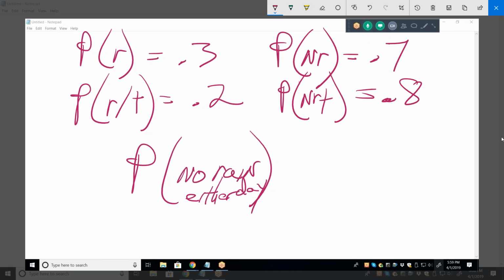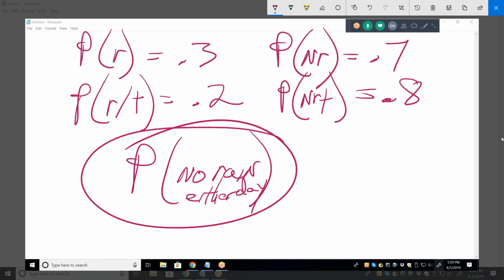So what's the probability of no rain on both days? Is it the average of those two? No, you multiply. In other words, if two events both have to occur, then you multiply.